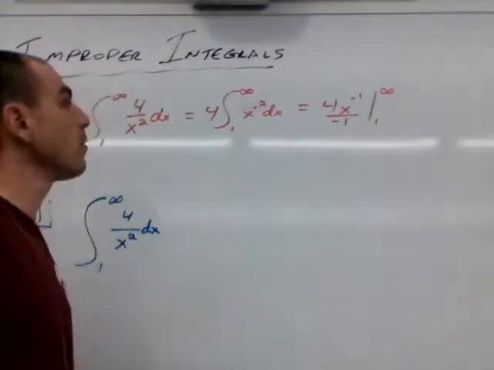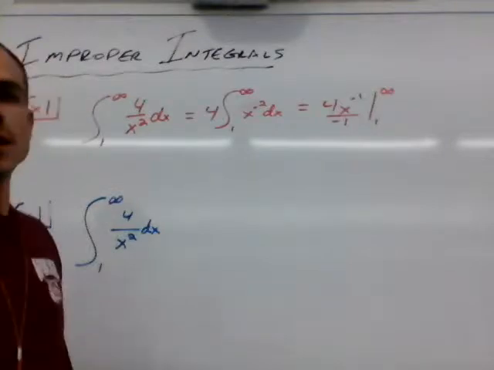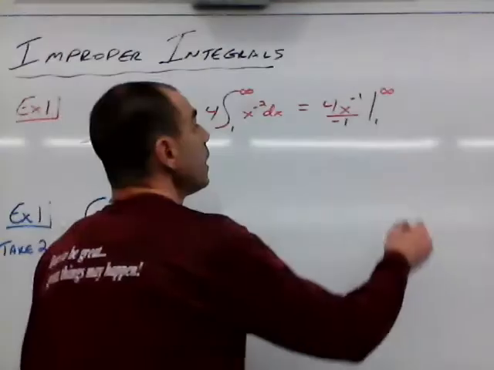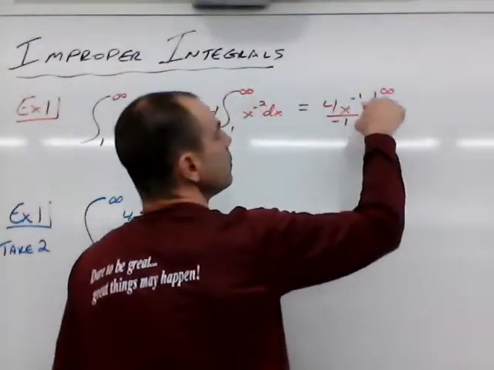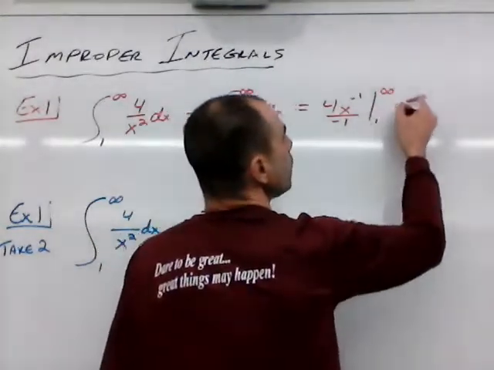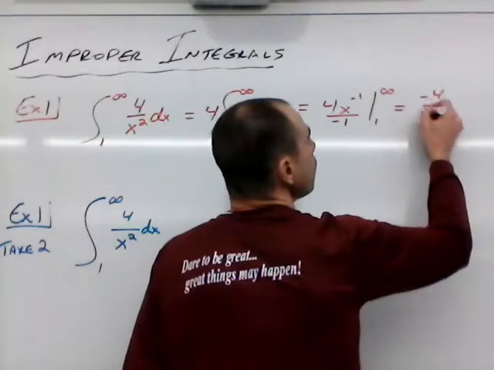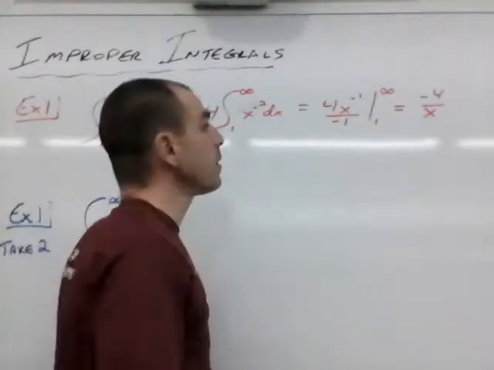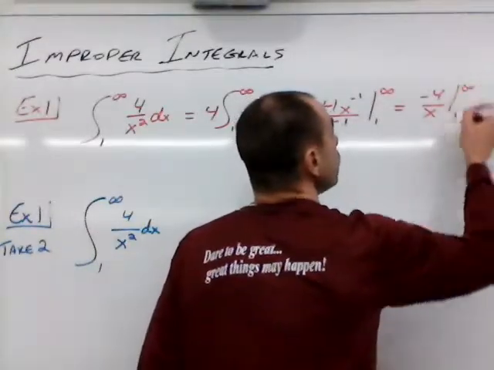Now maybe we need to rewrite this, so the x can join the negative 1 down in the denominator, or the negative can move up. Either way, we end up with negative 4 over x, evaluated from 1 to infinity.